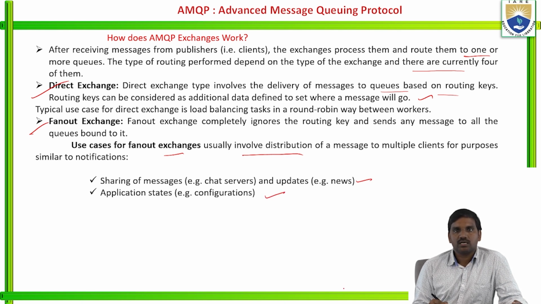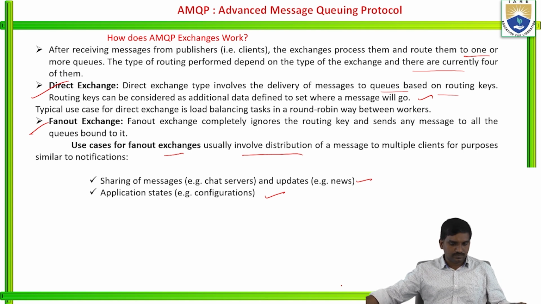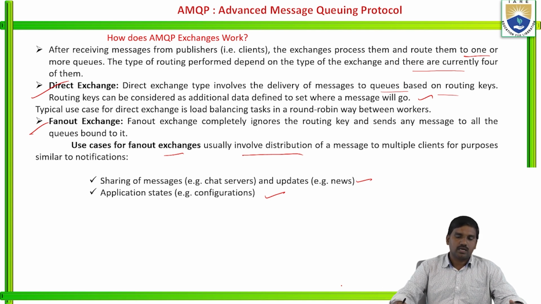So this is how AMQP exchange works with the help of direct exchange and fan out exchange. Here we have some use cases for fan out exchange also, with the help of sharing of messages, that is chat server and news application data status also, for example configurations of the device.